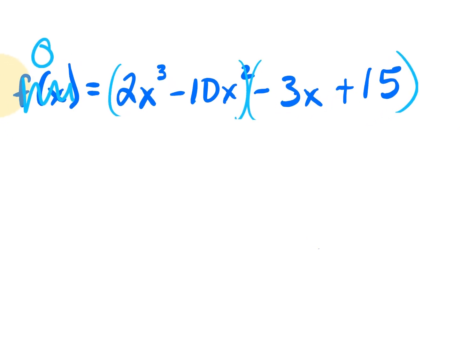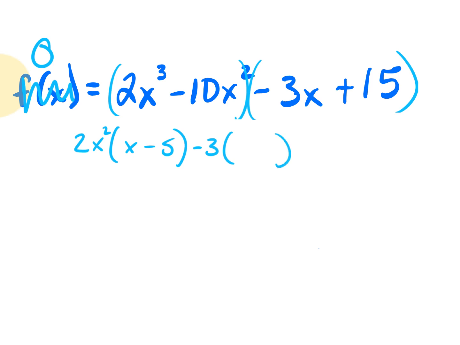What's our GCF out of our first group here? 2x squared. Awesome. When we divide out the 2x squared, we're left with x minus 5. What's the GCF from our second group? Perfect, -3. We have to take out a -3, not a +3, because we need our insides to be exactly the same.